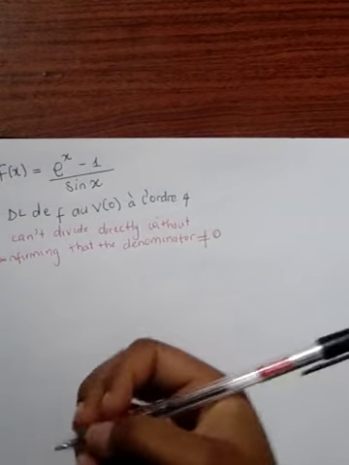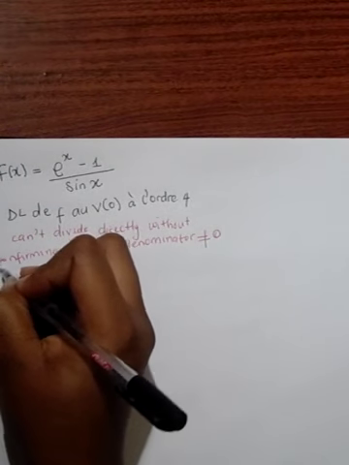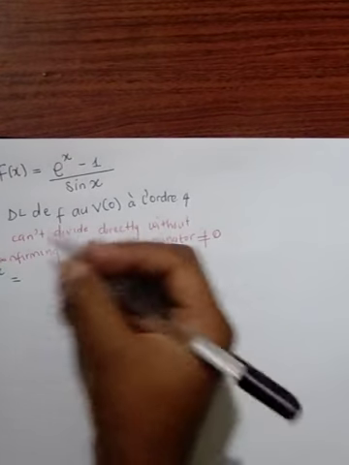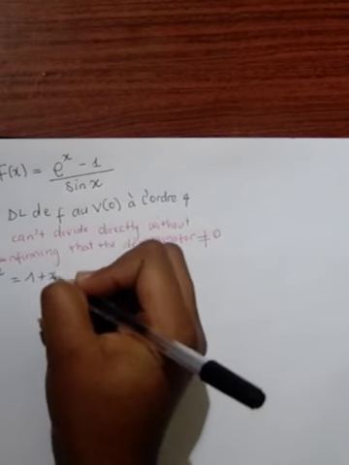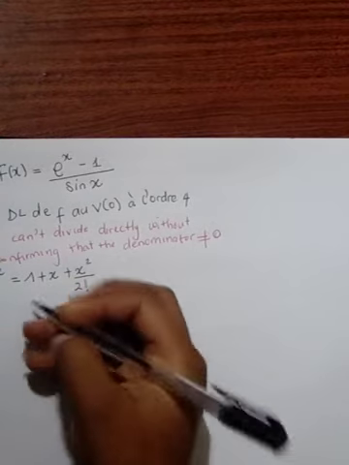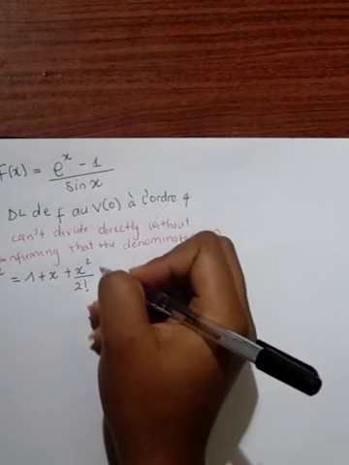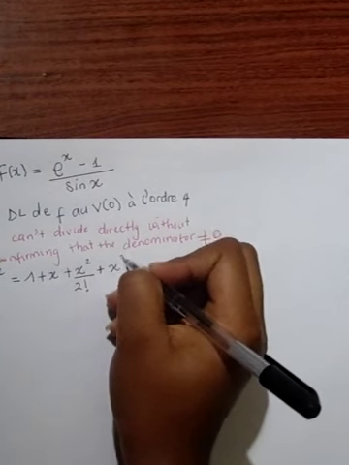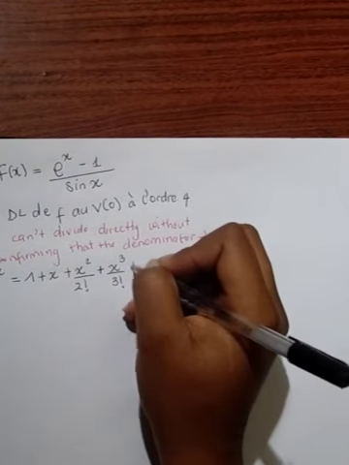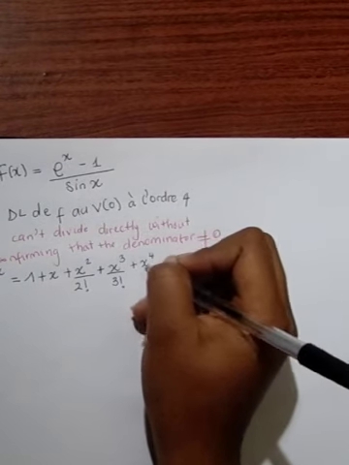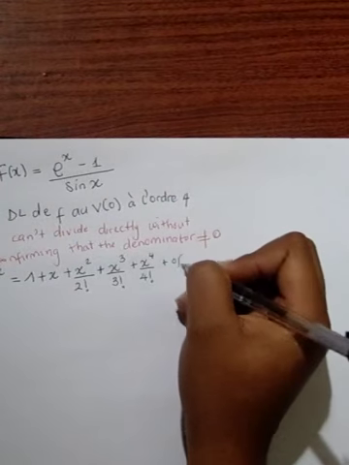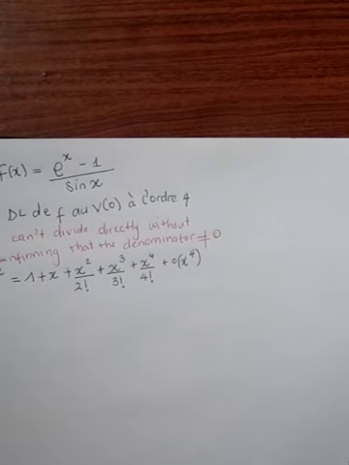So, the DL of exponential x au voisinage de 0 à l'ordre 4 would be 1 plus x plus x raised to the power of 2 over 2 factorial, and so on. Remember, this is one of the basic DLs, so you can just write this down also in your record book, so that from time to time you can get used to it. So to the order of 4, this is petit e de x raised to the power of 4.